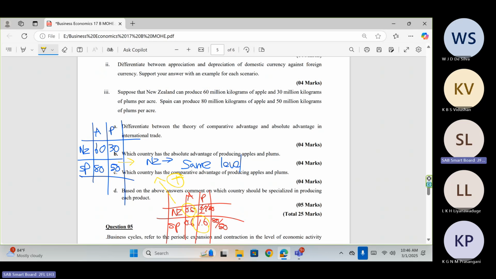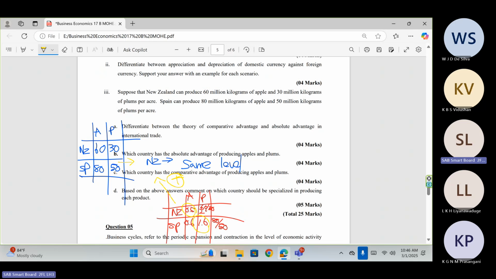But when you get that, what is the question? For this and this, New Zealand can produce either 60 of apple or 30 of plums. 30 million, if you forget about millions, 60 or 30.